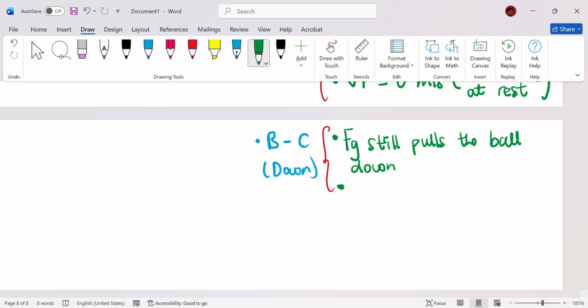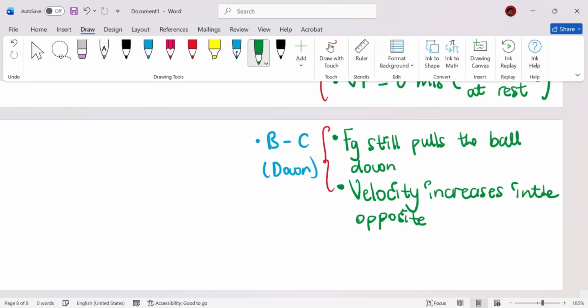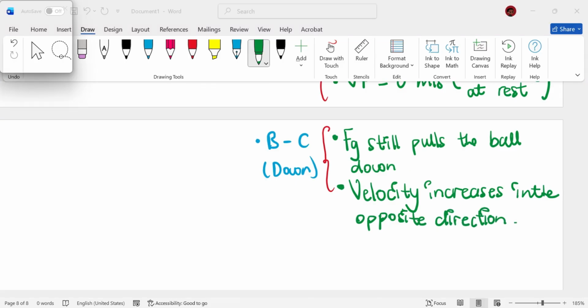That means that if it's pulling the ball, remember the tug of war, the velocity of that ball will increase in the opposite direction, right?